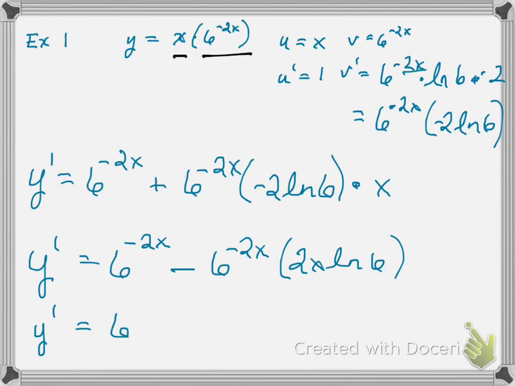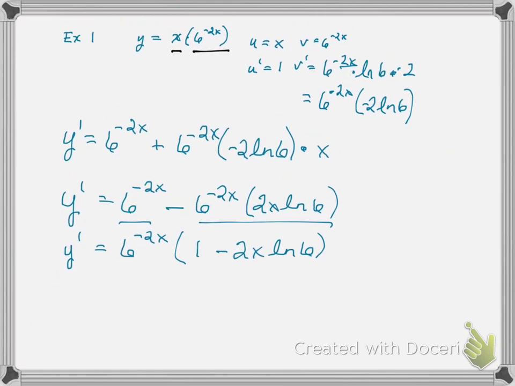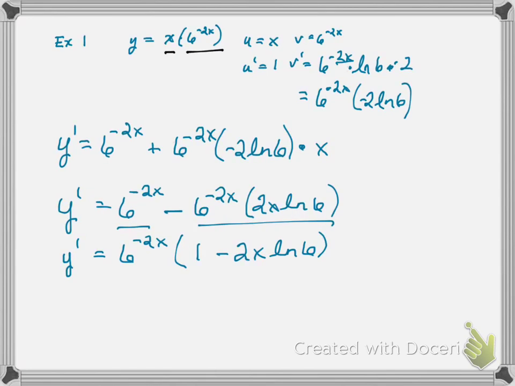When you go to check it in the back, it might not look like that. So I'm going to factor out the 6 to the negative 2x that both terms have. If I factor that out, my first term would just be a 1, because this times this has to equal this, and then minus 2x ln 6. And then it's possible that they might even put that 6 to the negative 2x into your denominator.